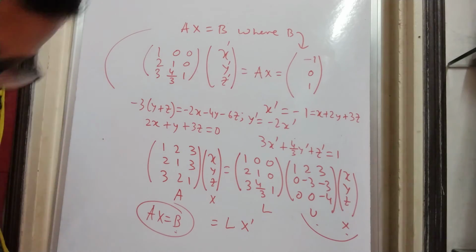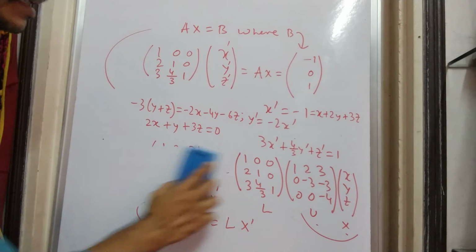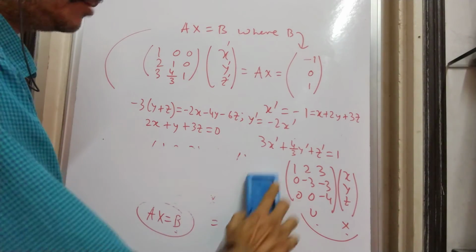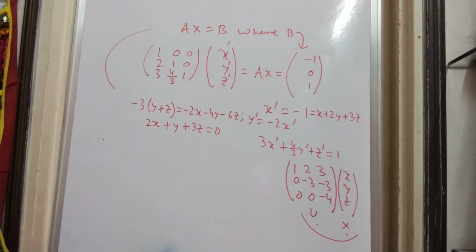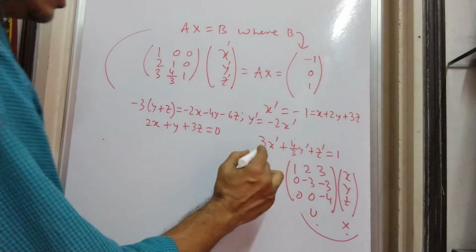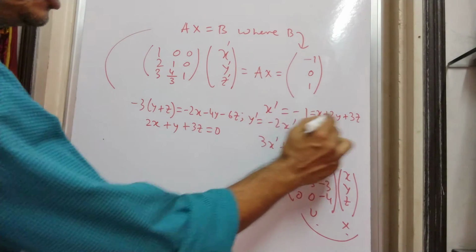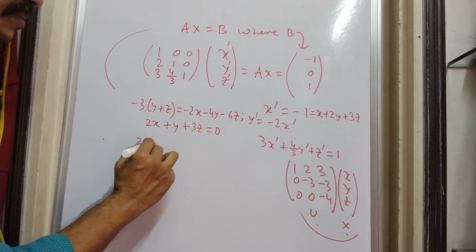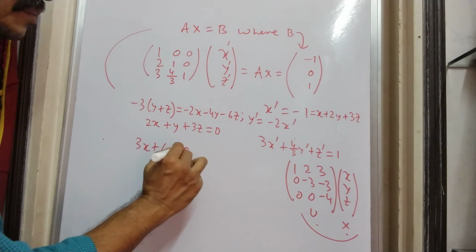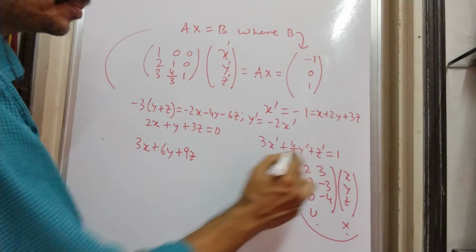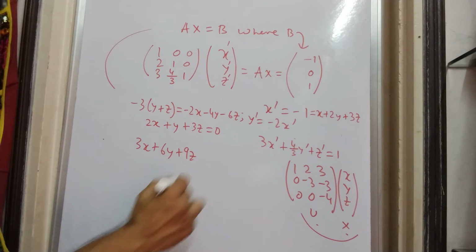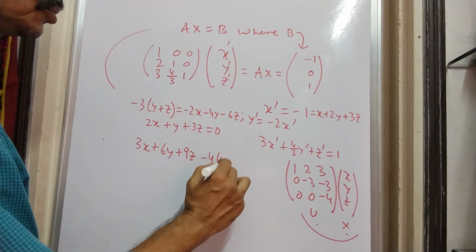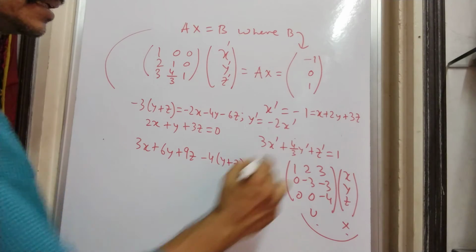And we can easily replace the values term by term, which gives 3x prime means 3 into this, so it is 3x plus 6y plus 9z, plus 4 by 3 y prime. y prime is nothing but minus 3 into y plus z, so this becomes minus 4 into y plus z.